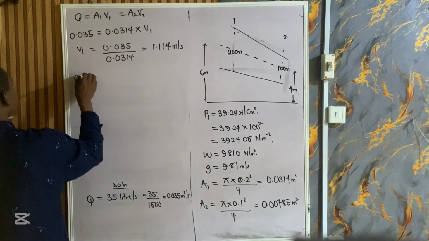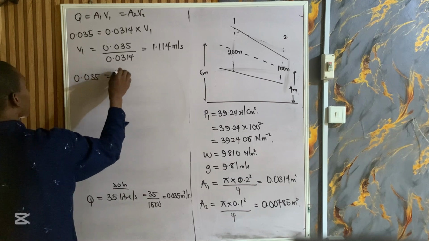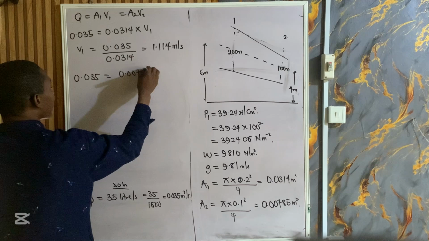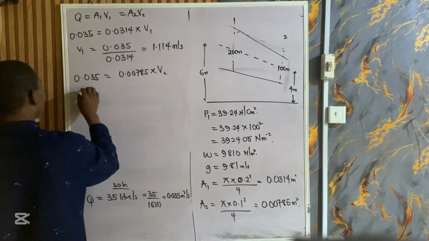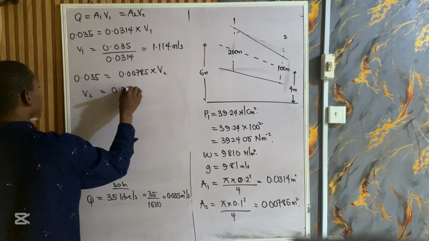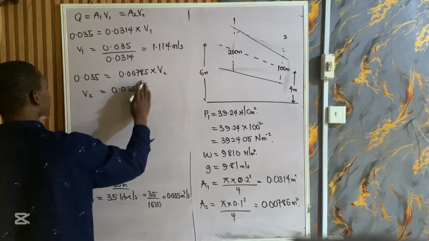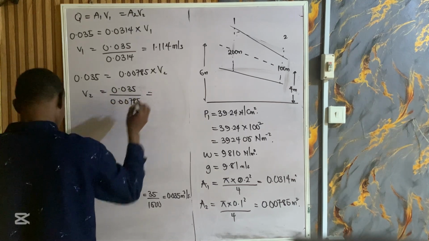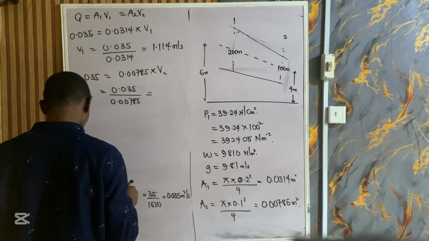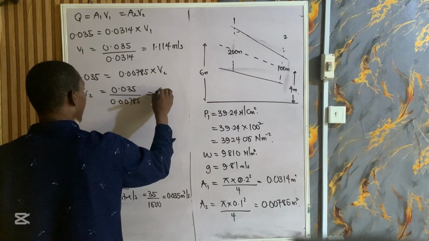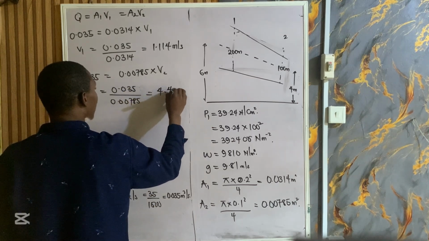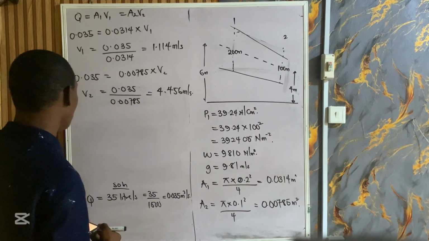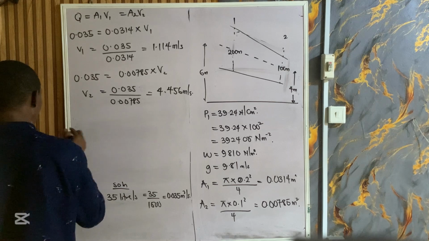Likewise, 0.035 is equal to A2, which is 0.00785, times V2. So V2 is equal to 0.035 divided by 0.00785. So our V2 is equal to 4.456 meter per second.